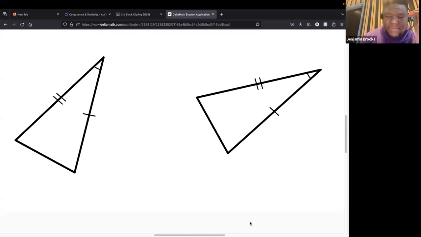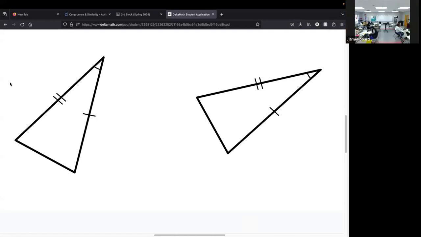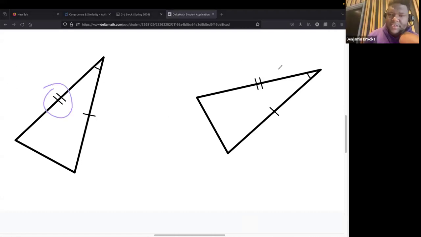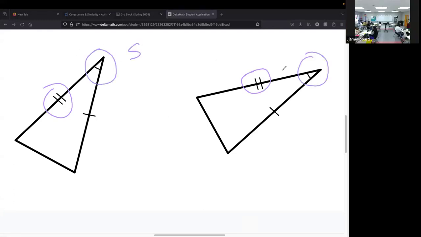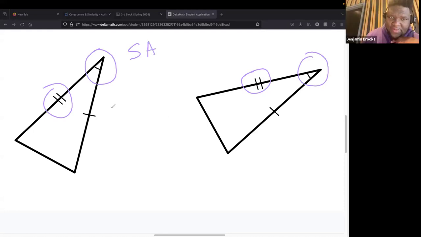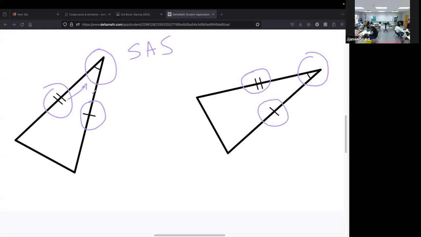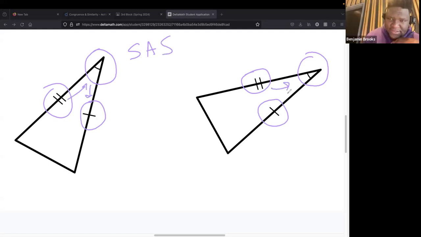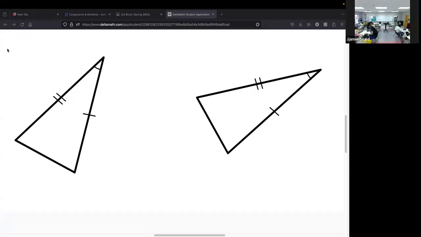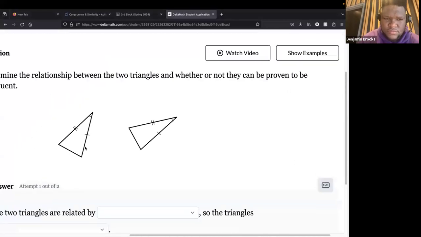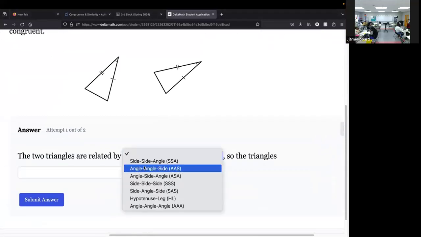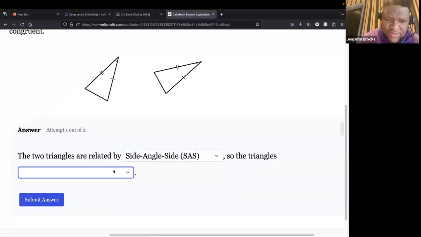You have 2 corresponding sides: this side corresponds with this side, that's S. This angle corresponds with this angle, that's A. And then this side corresponds with this side, so that's S. So S, then A, then S. So we go down here: 2 triangles are related by side angle side, so they can be proven congruent.